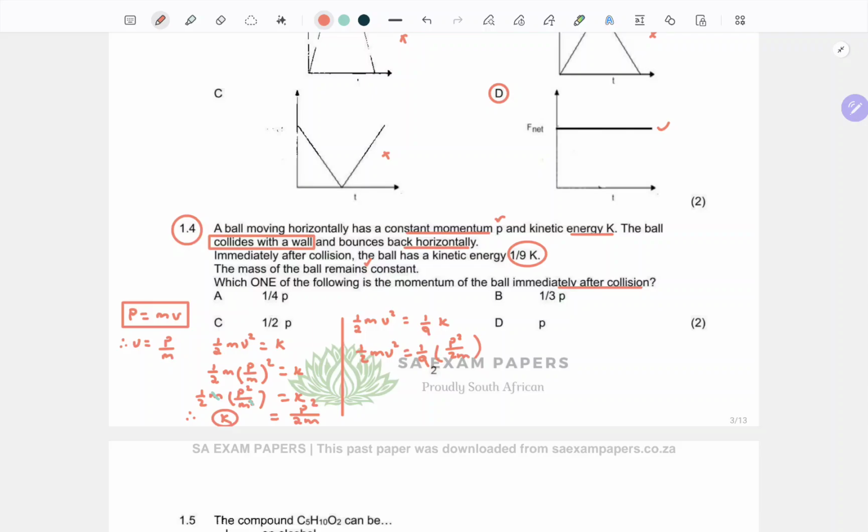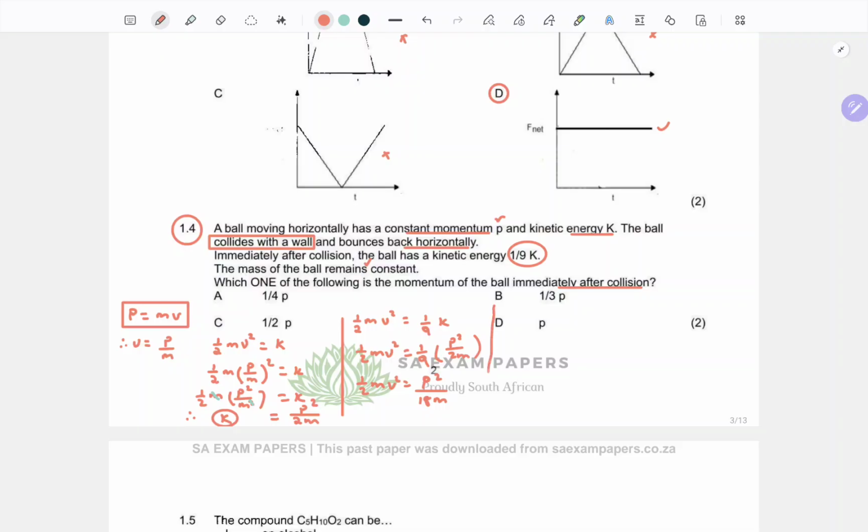And then what are we going to do about it? Well, we want to know the velocity. That's the most important thing. Let's first take it easy. So mv squared equals P squared divided by 18M.